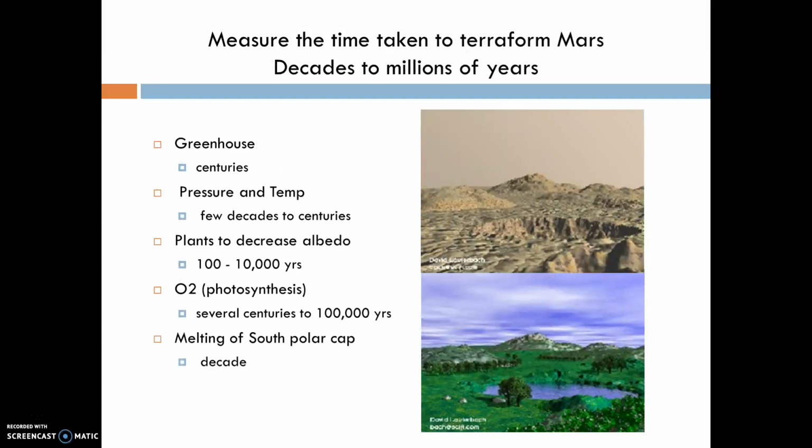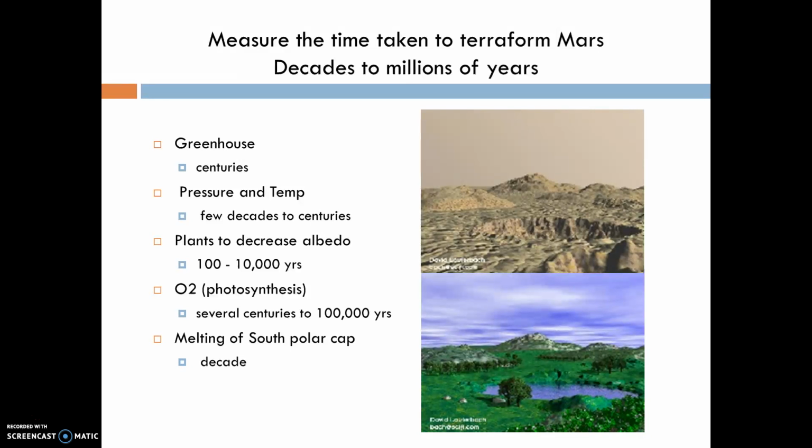But this is the moment of truth. The time. How much time will it take to terraform all of Mars? We're going to go from top to bottom. The greenhouse would probably take centuries.